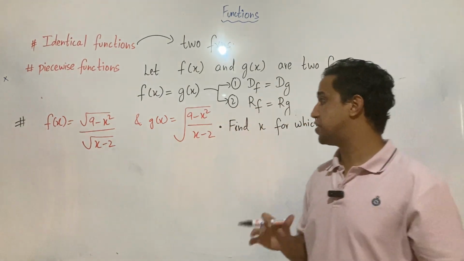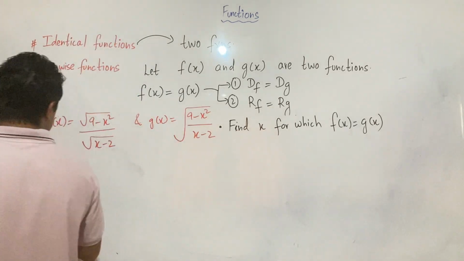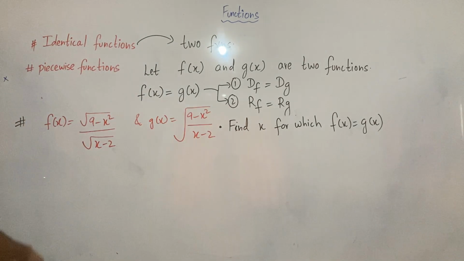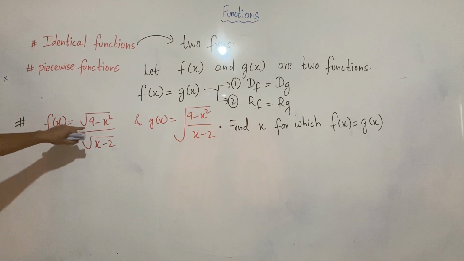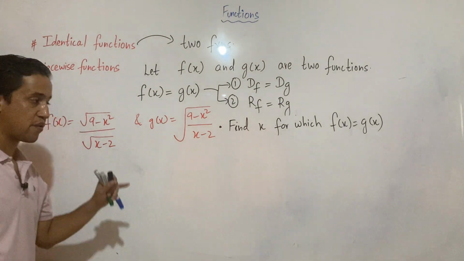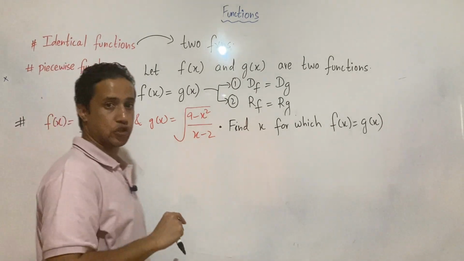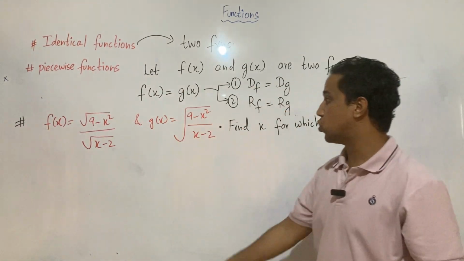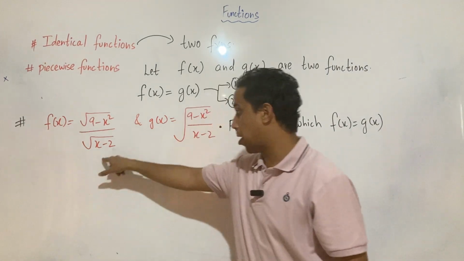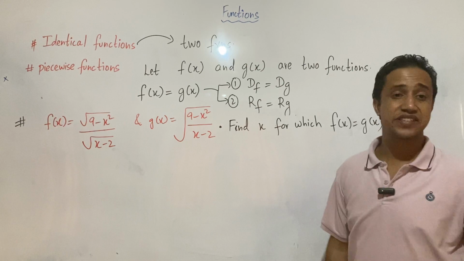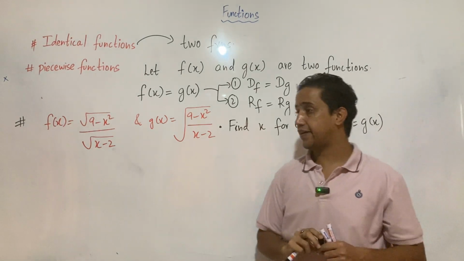Now see here, most students will say that this is under root 9 minus x square in the numerator and root x minus 2 in the denominator, so we can just take the common root and then it's going to be the same thing. Now this is not the case.